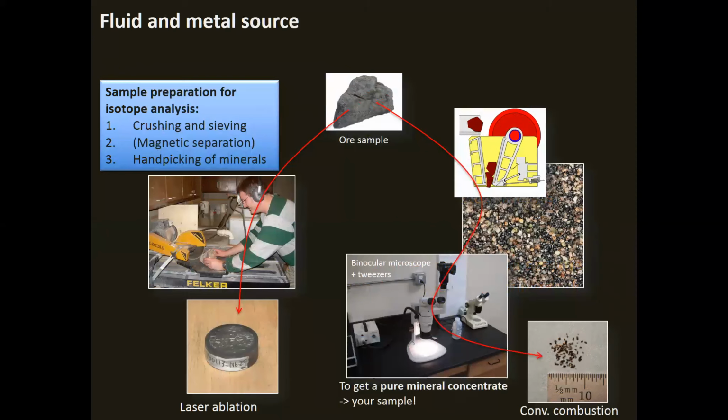The other way is to take the sample and crush it down, and then under a stereo microscope hand pick the minerals that we are interested in, for instance quartz and biotite, actually hand picking these very fine-grained minerals. And that type of sample will be used for a more conventional combustion analysis of the isotopes.